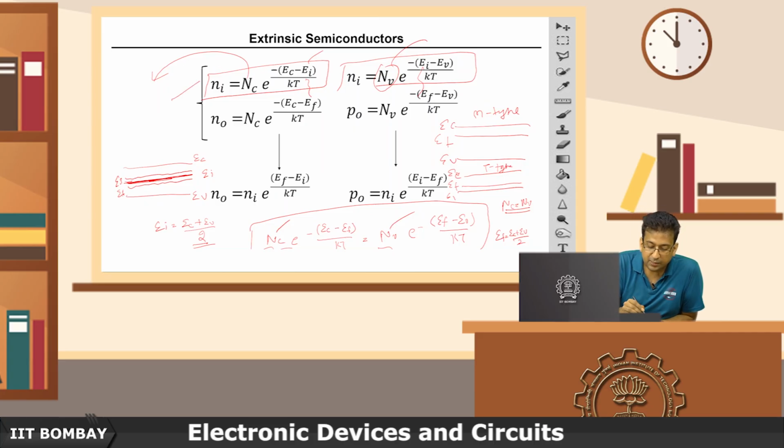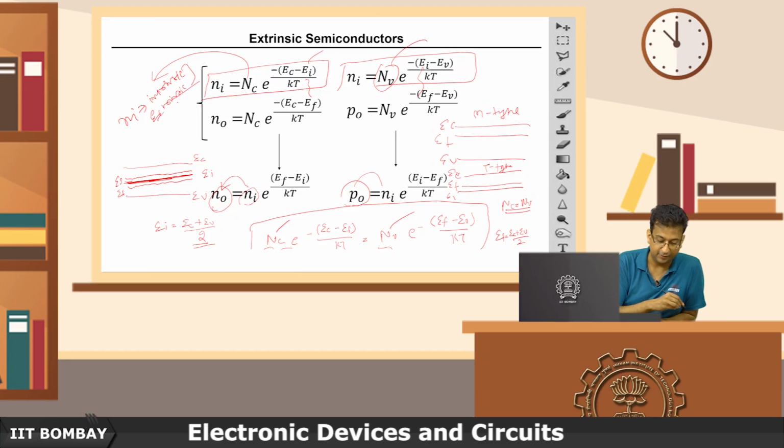Using this same relation, let's see the link between the equilibrium electron concentration and equilibrium hole concentration with respect to the intrinsic charge carrier concentration, which is Ni. Ni is the same, either for an intrinsic semiconductor or an extrinsic semiconductor.